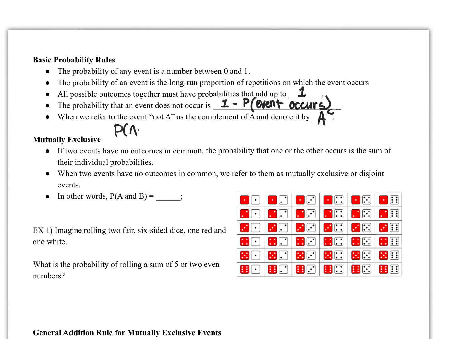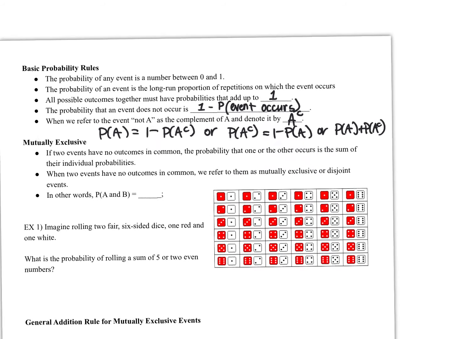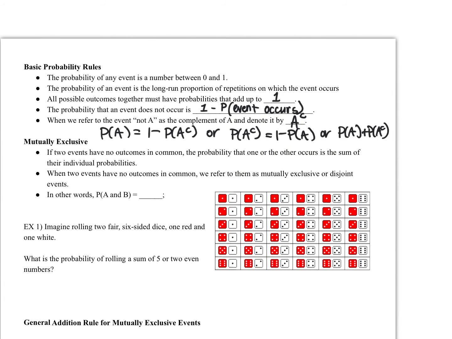The probability of event A is 1 minus the probability of not event A. Or the probability of not A is 1 minus the probability of A. Or the probability of A plus the probability of not A equals 1. All 3 of those are the exact same thing.